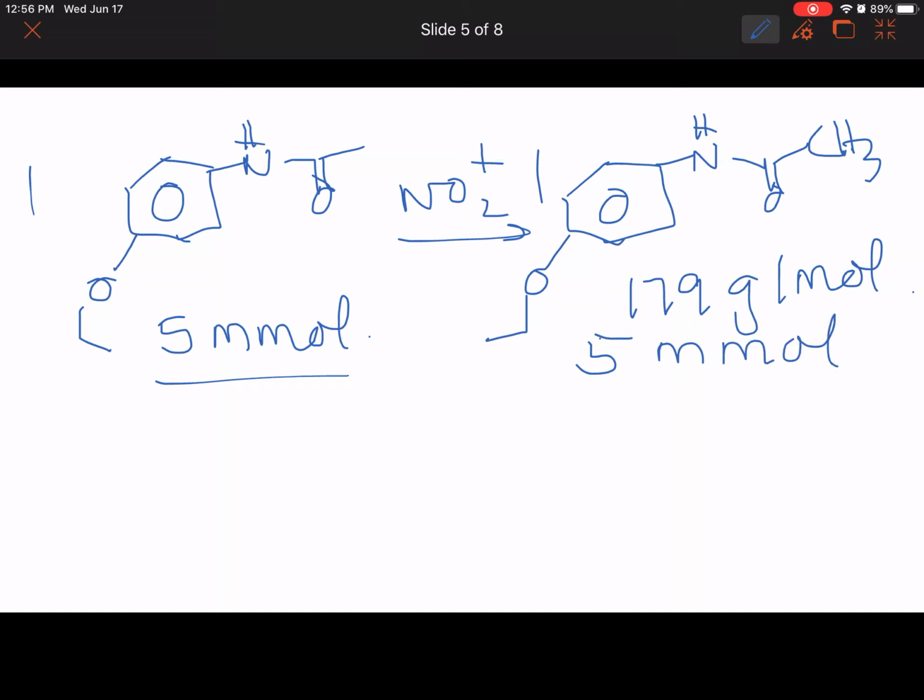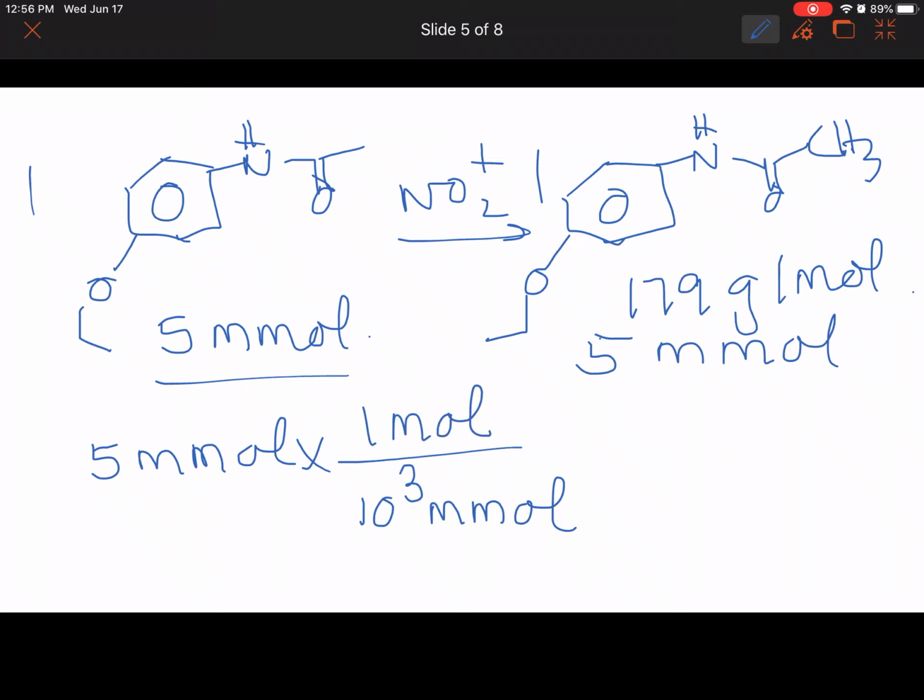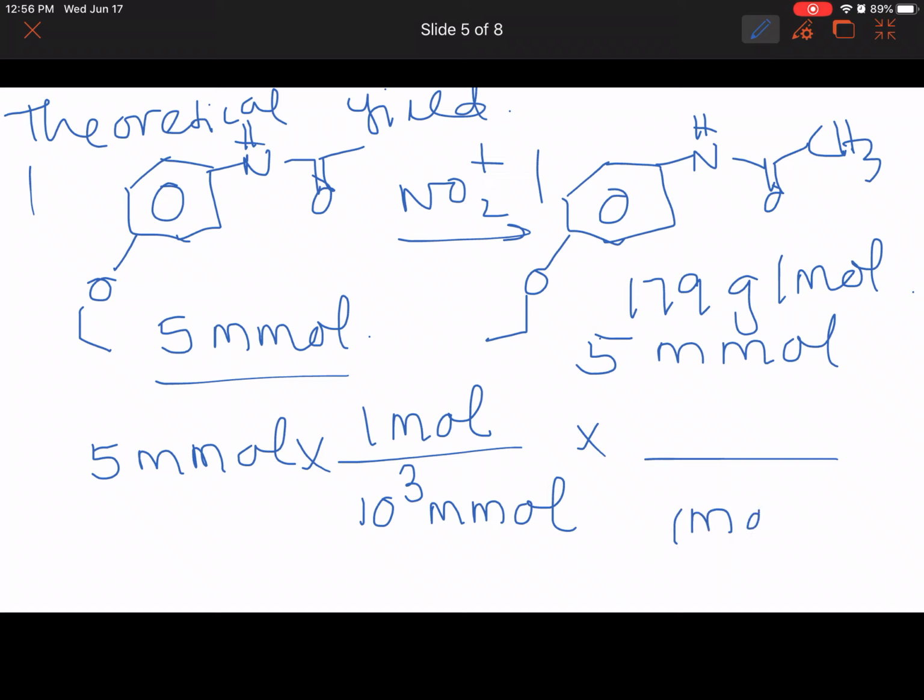Then we're going to convert that 5 millimoles into mass. So 5 millimoles, convert it to moles: 10 to the power 3 millimoles equals 1 mole. So this is how you calculate the theoretical yield, okay? Theoretical yield: 1 mole, and then use the molar mass. I forgot to put the nitro group.